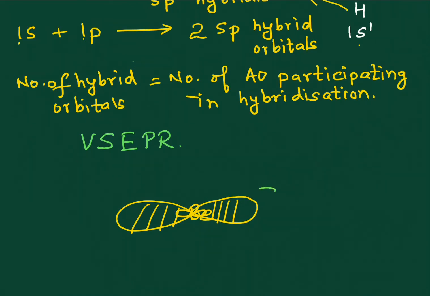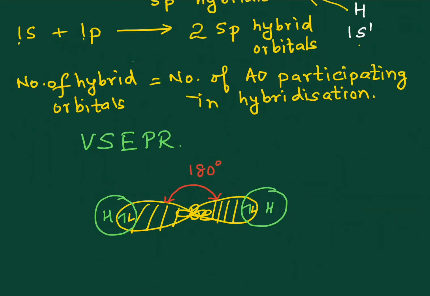Now this undergoes bond formation with the 1s1 of hydrogen, and this also undergoes bond formation with hydrogen. So one electron each coming from the hydrogen and one electron each coming from the beryllium. Bond angle between the bonded pair of electrons, this is 180 degrees.